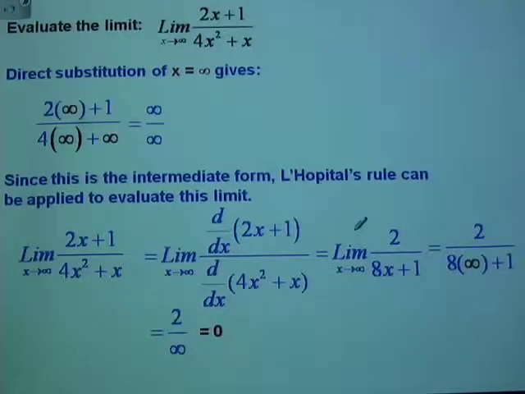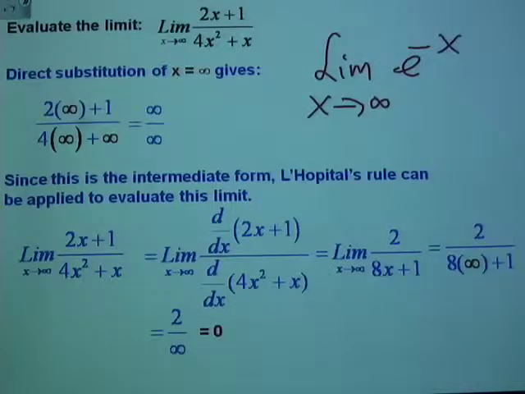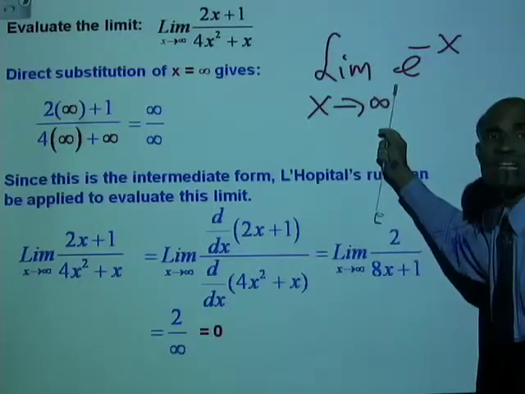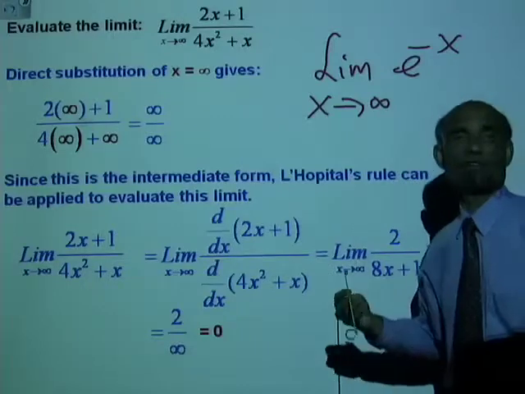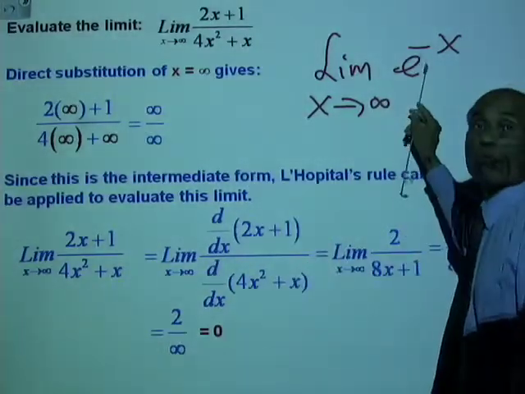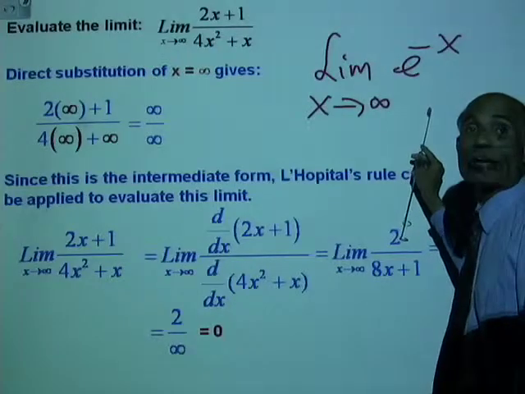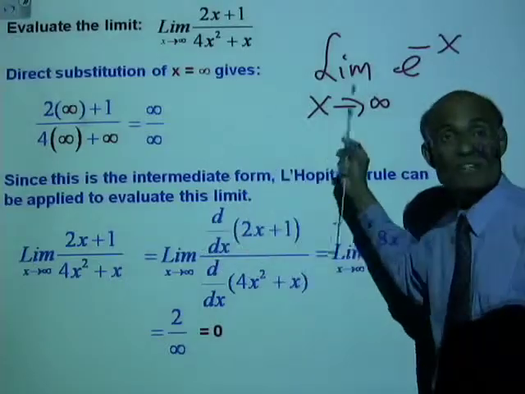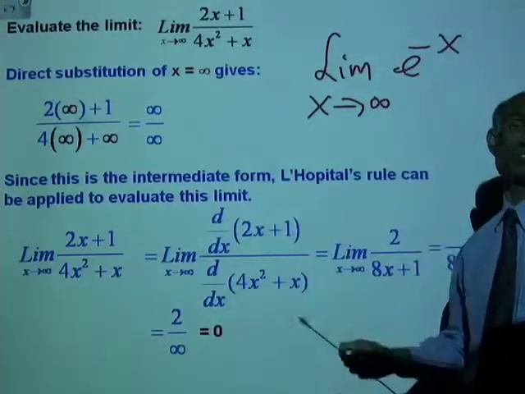Let me ask you, what is the value of the limit as x approaches infinity of e to the power of negative x? Well, it is the limit as x approaches infinity of 1 over e to the power of x, and when x goes to infinity, it will be 1 over infinity, and that will be 0.